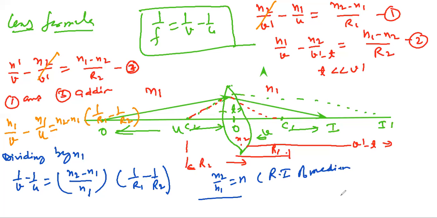I think you have not written, no? No, sir, I have written. So your formula will become 1 by V minus 1 by U is equal to n minus 1, times 1 upon R1 minus 1 upon R2.